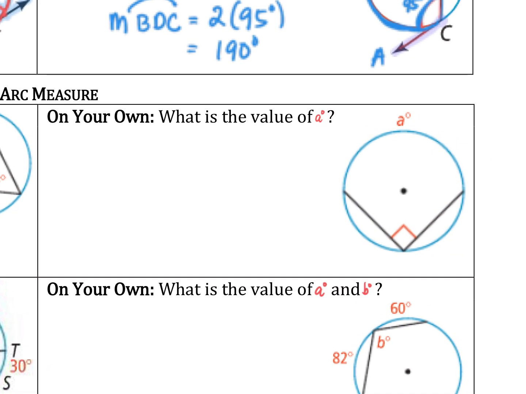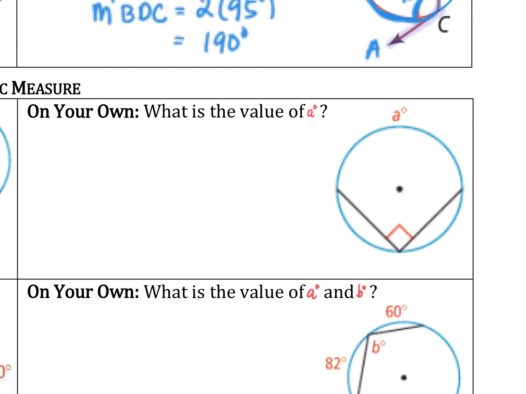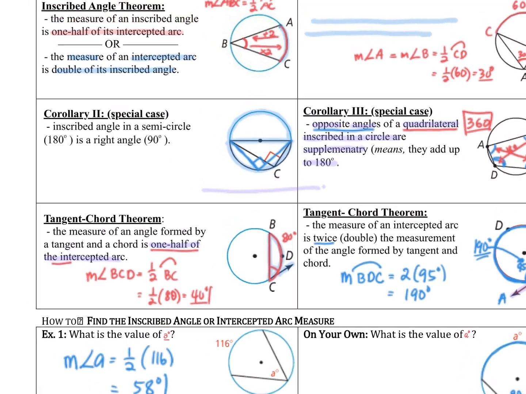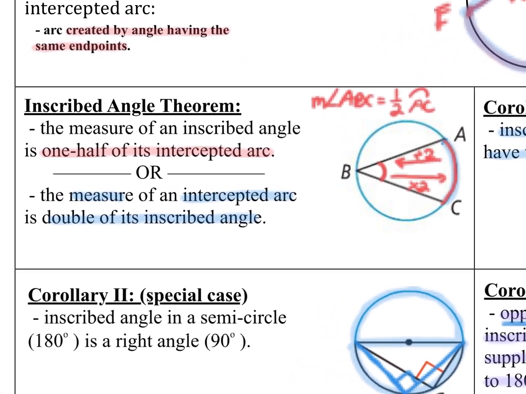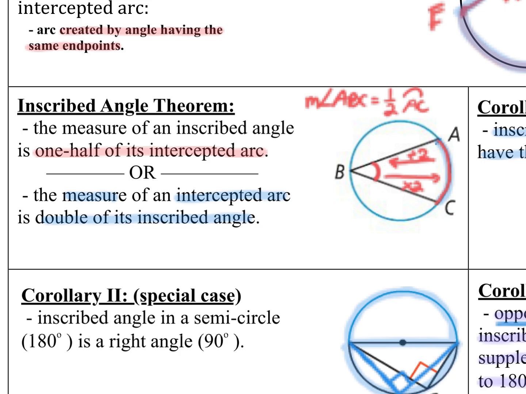On your own, try this one. What do you think is the measurement of arc A in degrees, given that the inscribed angle is 90 degrees? Let me show you something. Look at the inscribed angle theorem again. If you're coming from the arc going to the inscribed angle, it's divided by 2.